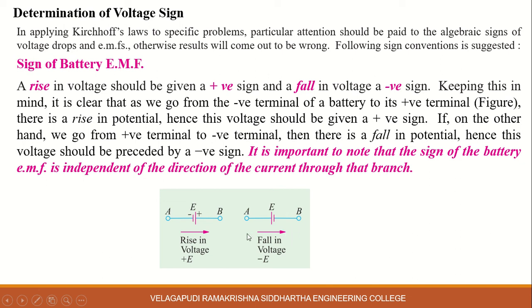If you observe these two figures, the current direction is the same for both cases, but the representation of the battery sign is based on rise in voltage and fall in voltage, not on the current direction. Battery sign indication is independent of current direction. Okay, clear?